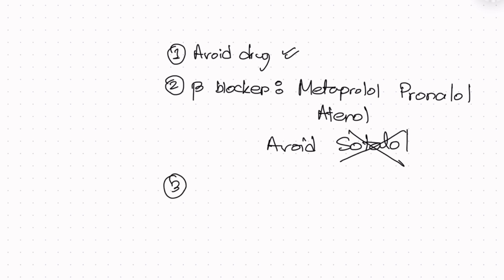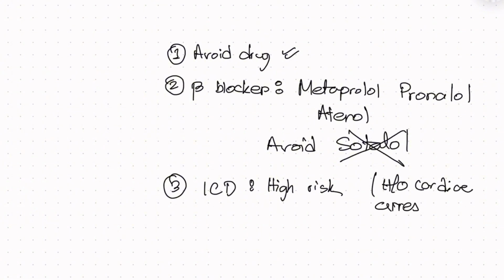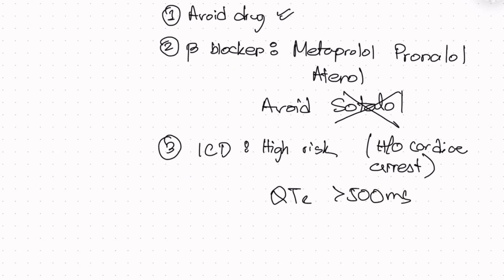Number 3 is ICD, referred to as implantable cardioverter defibrillators. It should be used in high-risk cases. What are the high-risk cases? High-risk cases usually refers to a patient who has a previous history of cardiac arrest. So if a patient comes with a history of cardiac arrest, we should consider ICD. Or if the QTc is more than 500, that is a case of severe QT prolongation.